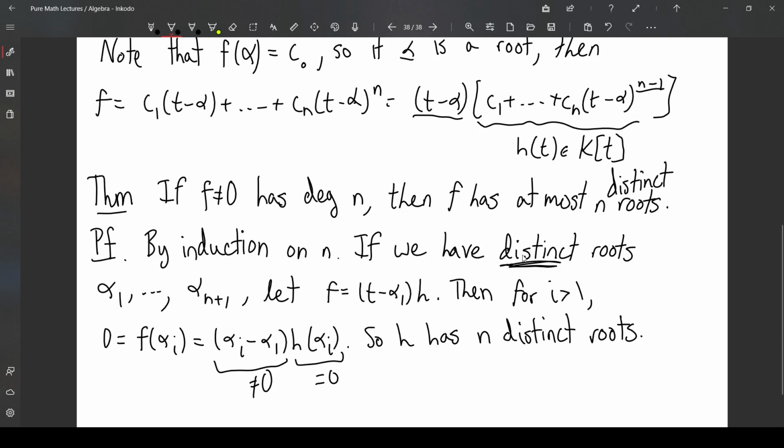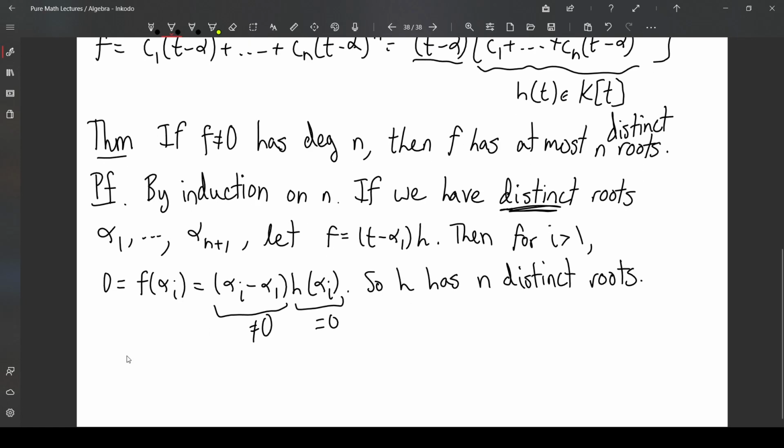So by induction, we're eventually going to end up with a non-zero constant polynomial, which has no roots, but we have that it must have at least one root, and that's a contradiction. So induction gives a contradiction.